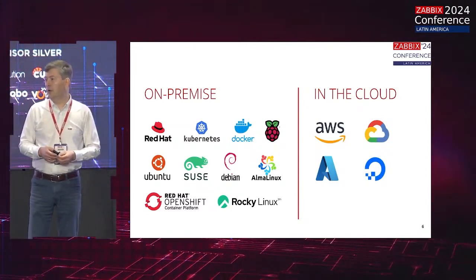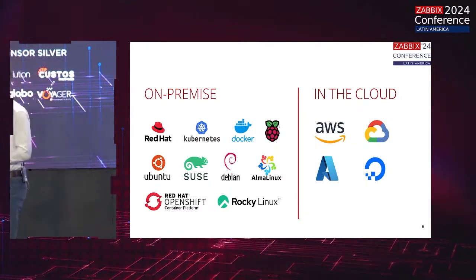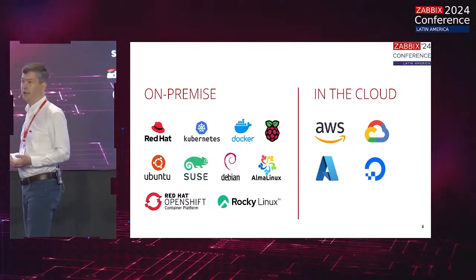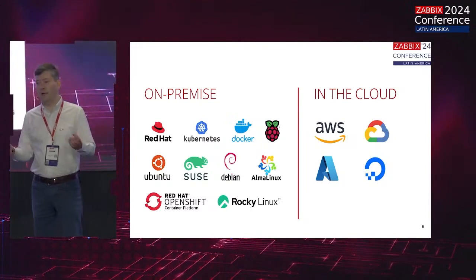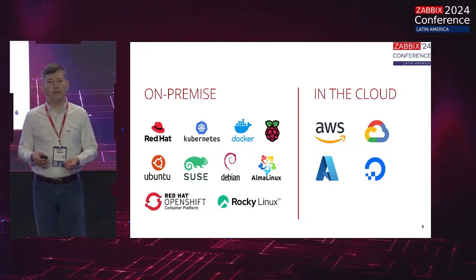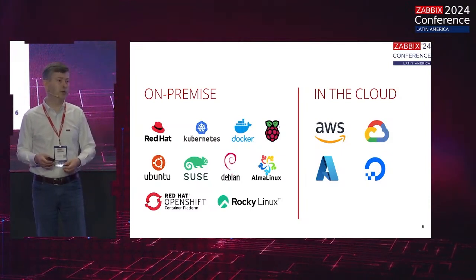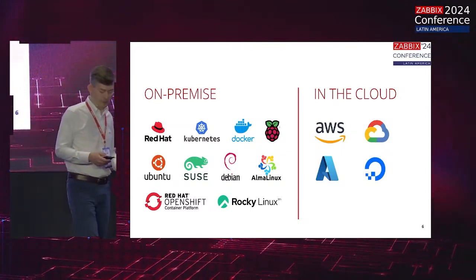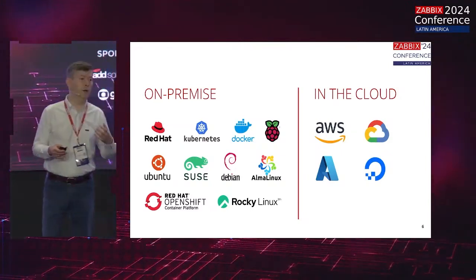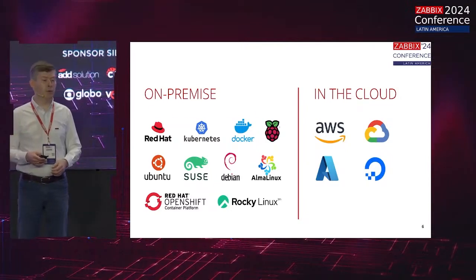But also, if you prefer to deploy Zabbix in the cloud, we do provide one-click setup for deploying Zabbix in AWS, Azure, GCP or DigitalOcean, for example. So there is total freedom in how Zabbix can be deployed.